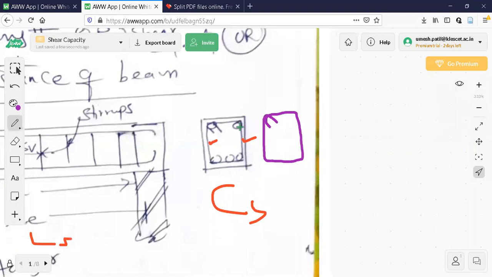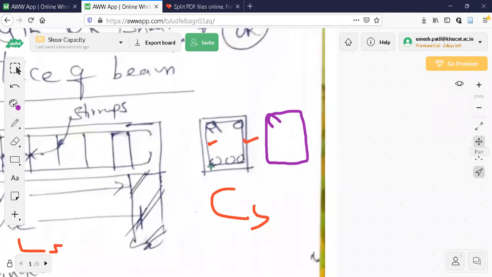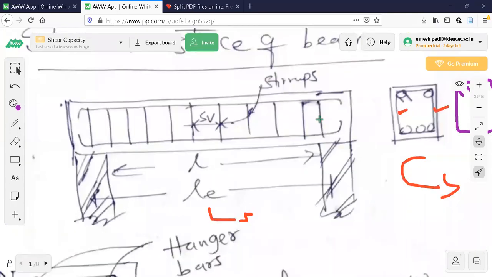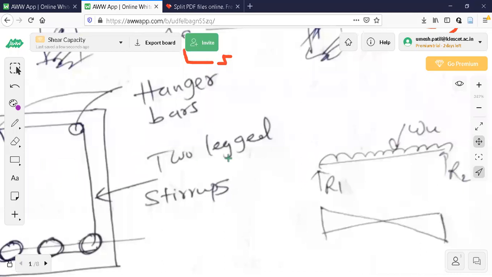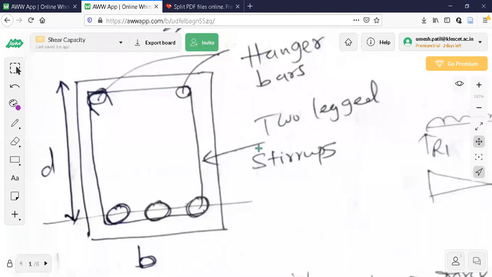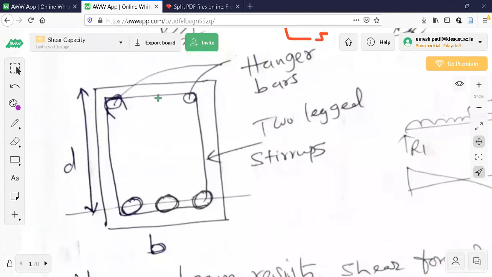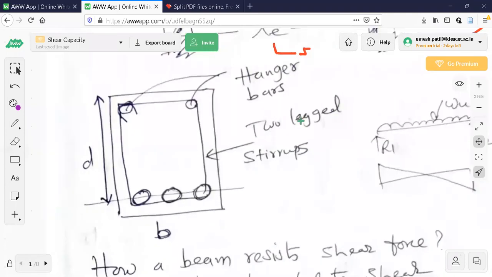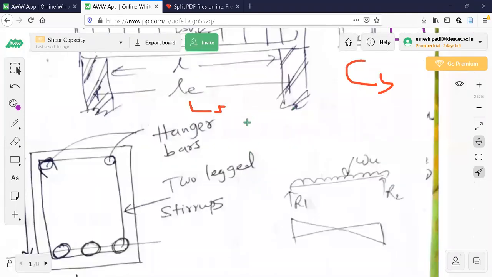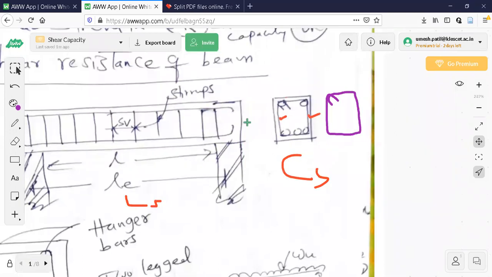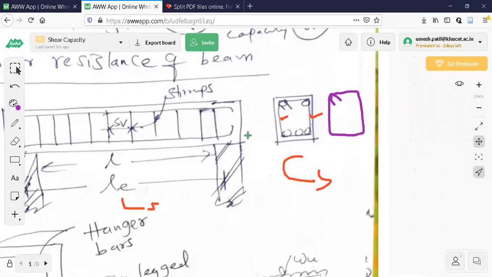Usually they are 10 mm rods. We call them hanger bars. I have not written it here, but it is there. You can see two-legged stirrups. Hanger bars run along the length of the beam. They are mainly used to tie the stirrups and see that they do not get displaced while pouring concrete.